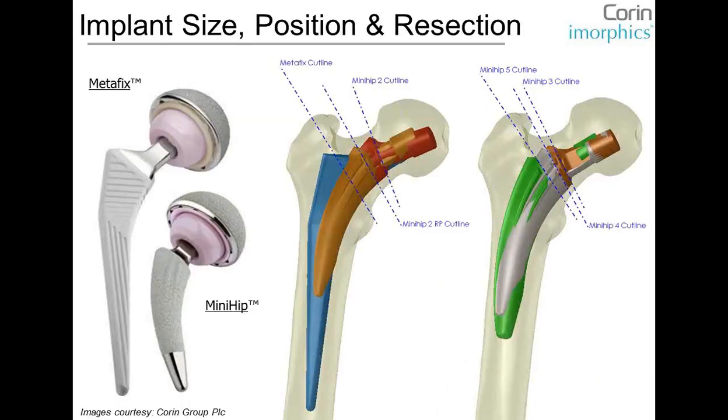So a large person will get a larger mini hip 5, and the cut lines, as illustrated by the dotted lines here, will be slightly different depending on the type of implant you put in. So this is just showing how the surgeon would implant them in reality if the patient was having that particular type of implant. In this particular patient, the ideal mini hip size was a mini hip 2, while the metafix size is ideal in this particular case.